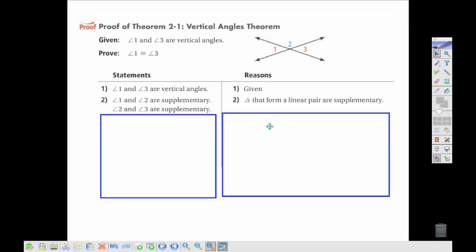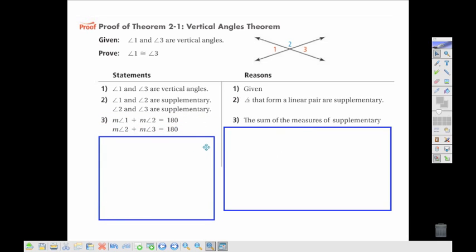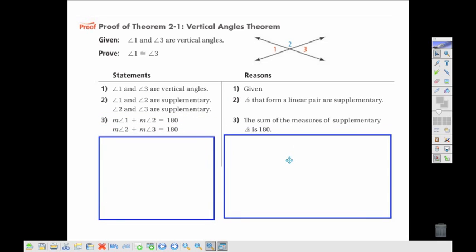Our next step then is to think about what it means to be supplementary. Well, when they're supplementary, that means the angles add up to 180 degrees. And so we've put our next reason here to explain why we're able to say that, but this reason is based on a previous step, just like this reason here is based on a previous step.